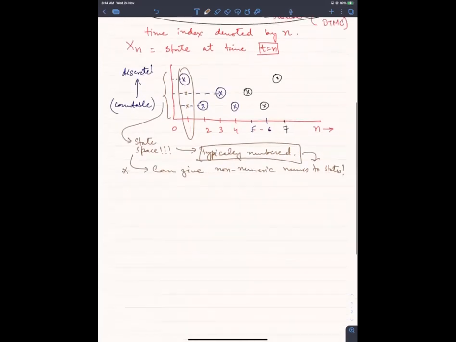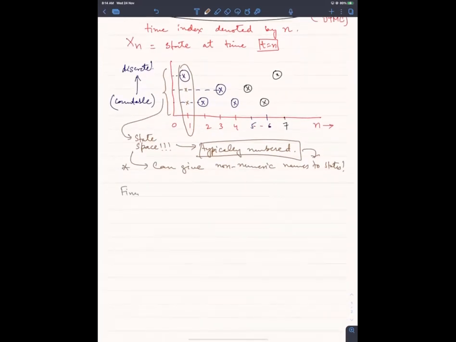Okay? If you have a finite number of states, this implies that we have a finite state discrete time Markov chain. Okay? And you can also have countable but infinite states. एक क्या एग्जांपल होगी उसकी? स्टेट 1, 2, 3, 4, 5, 6 all the way up to infinity.